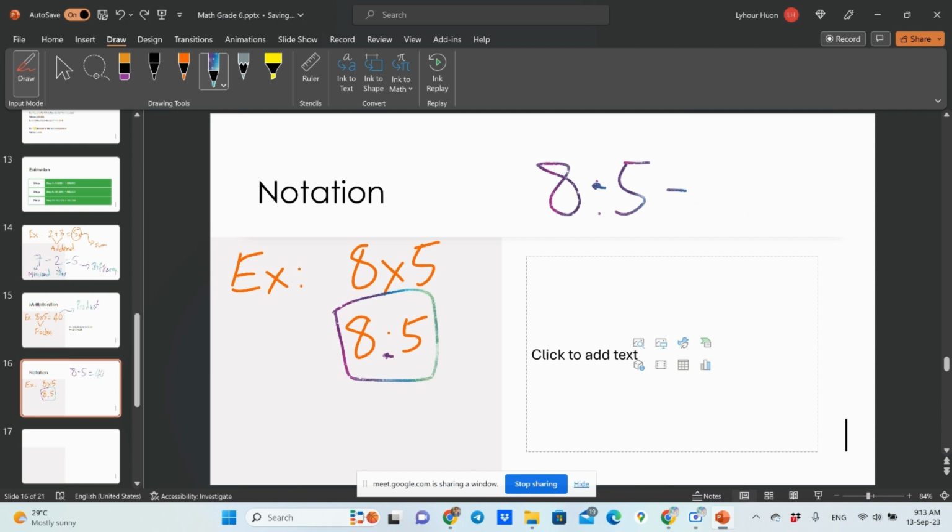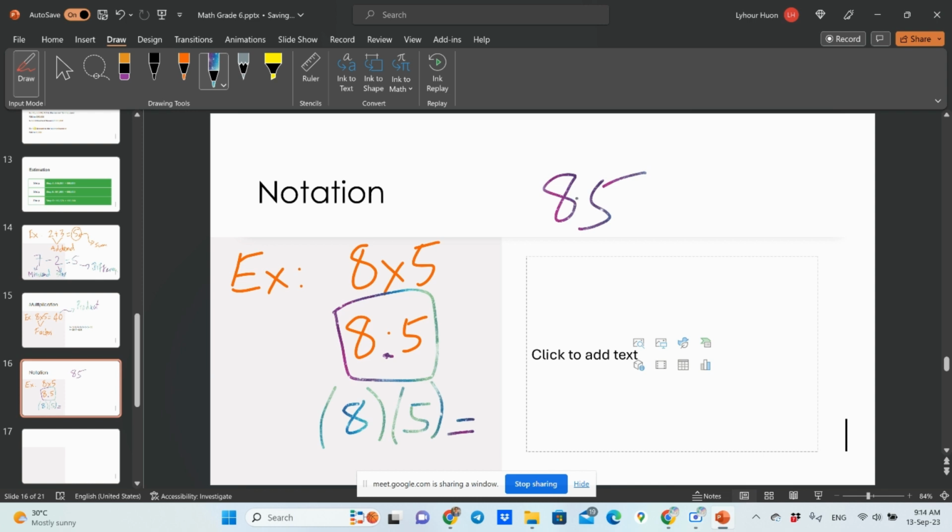Moreover, sometimes you may see parentheses, 8 times 5. Have you ever seen these? Parentheses with parentheses are also products. Without a parenthesis and without a dot, it will be one whole number, like 85, and you will think this is 85.